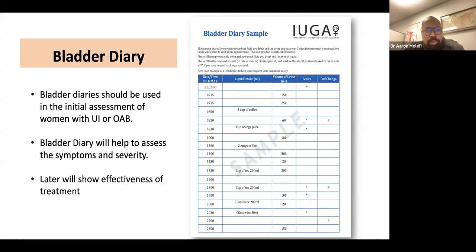And then we use them to initially assess patients that have urinary incontinence or overactive bladder, right? So they help us to assess the symptoms and their severity. And of course, later on, once you have initiated treatment, you'll be able to see whether your treatment is effective or not, or you need to escalate to other treatment modalities.